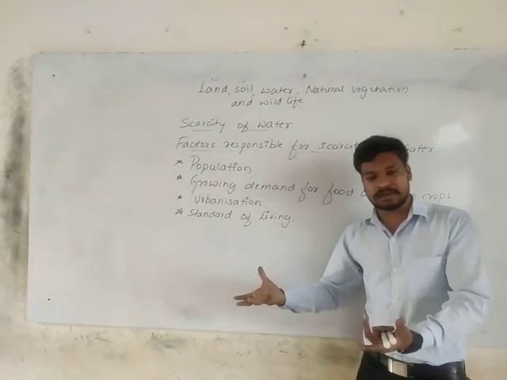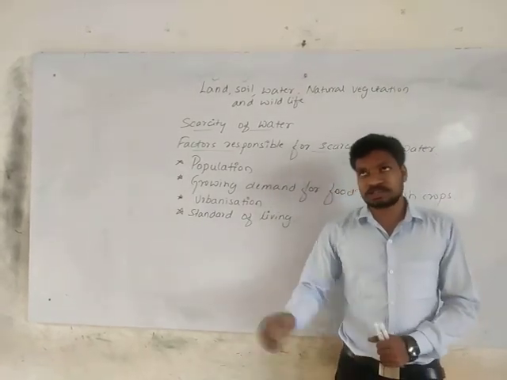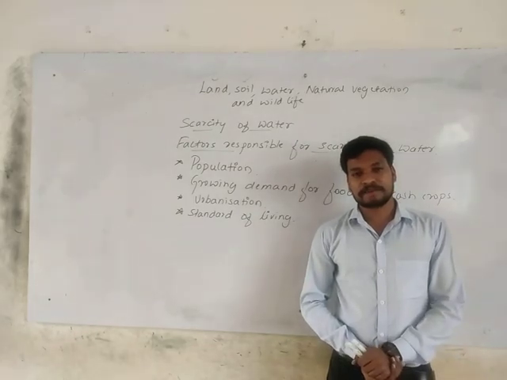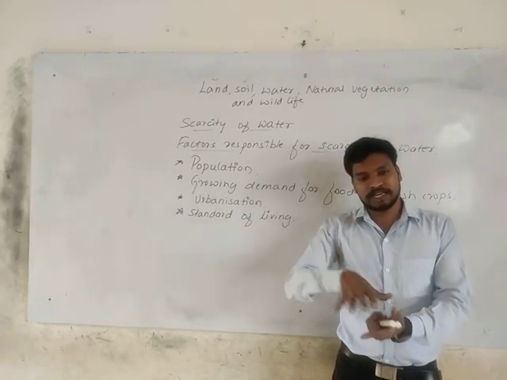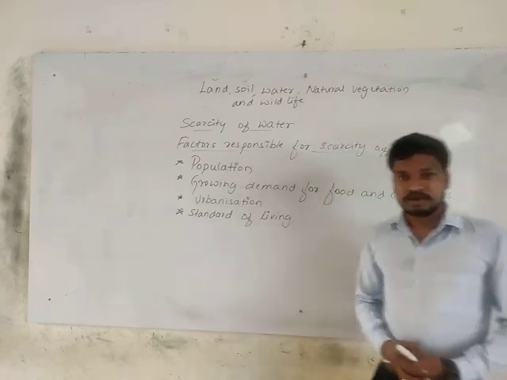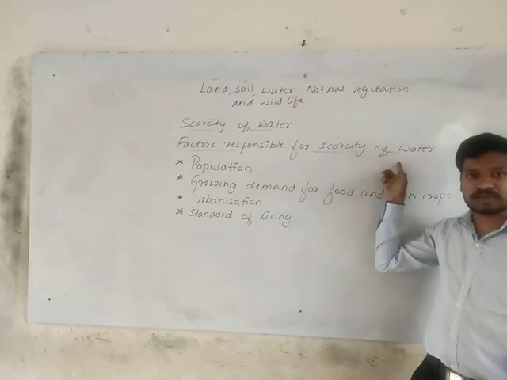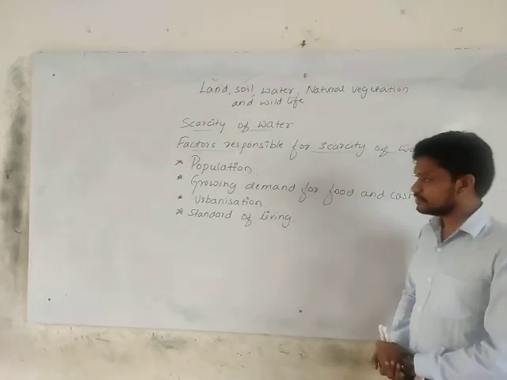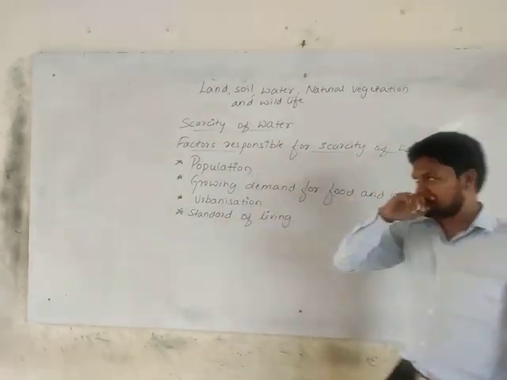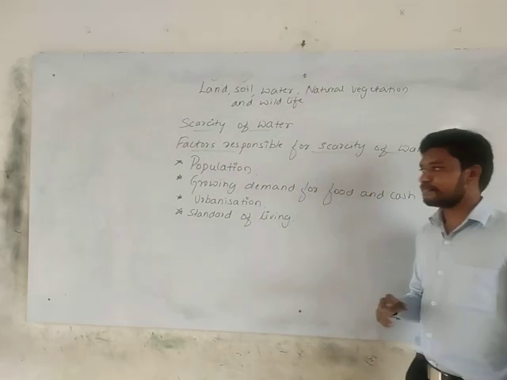If you grow trees, if you do afforestation, you will get water because of the water cycle: water evaporates from the leaves of trees and plants. So deforestation indirectly leads towards scarcity of water availability on the surface. These are the main points which cause the scarcity of water.